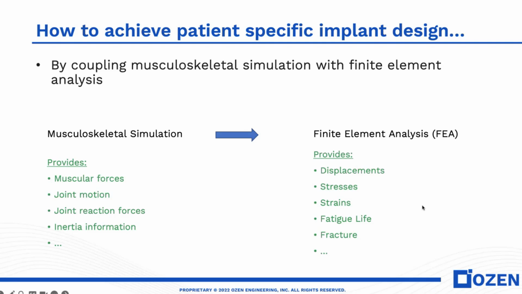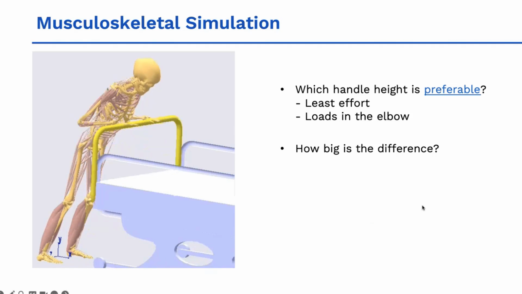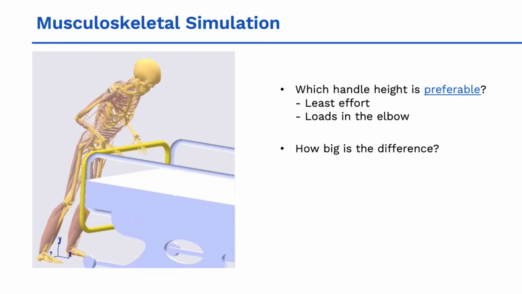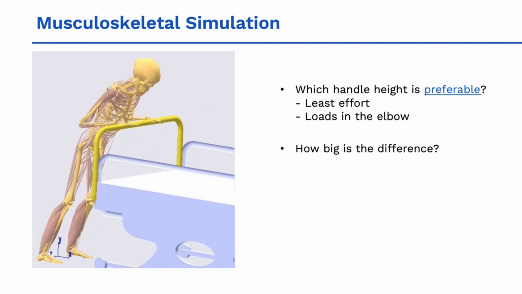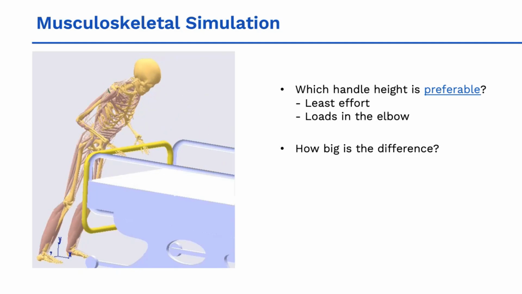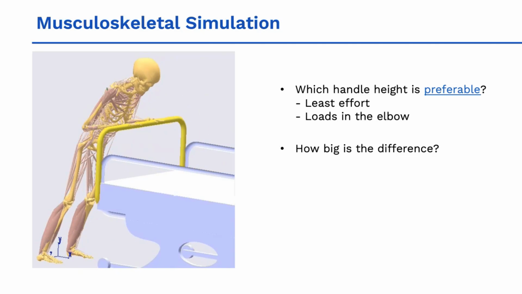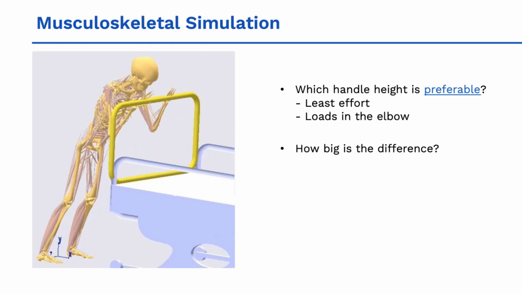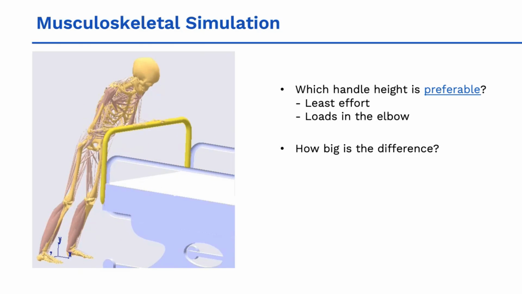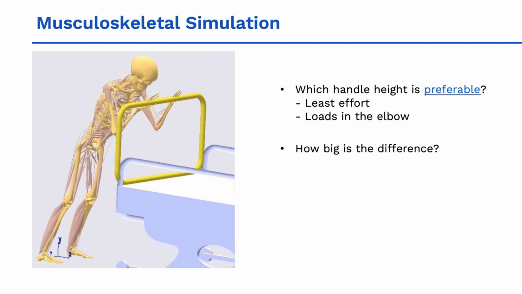So the musculoskeletal simulation, as you see here, for example, if we look at the situation here, someone's pushing a bed. There are 3 handle positions. The first handle position is at the bottom, the second one is medium level, and the third one is at a high level.